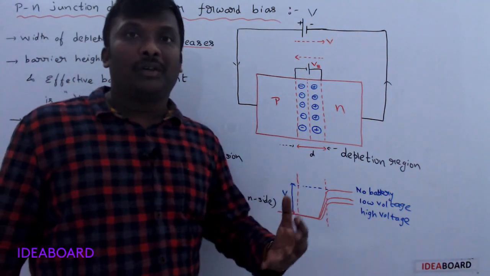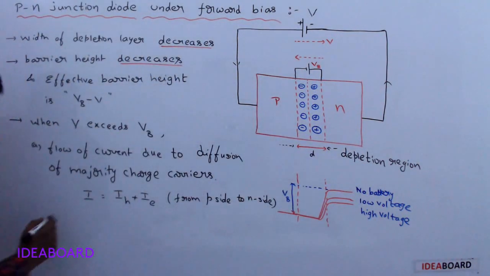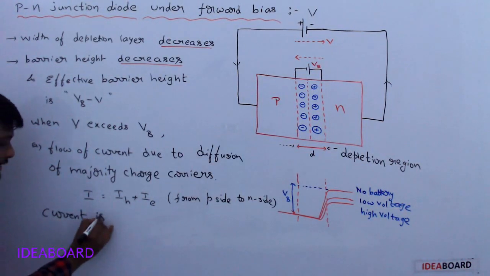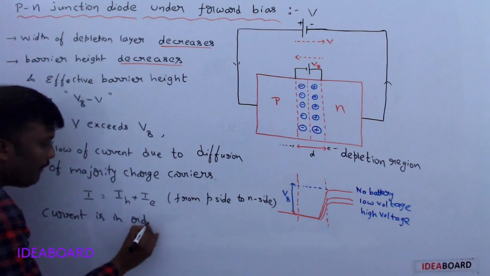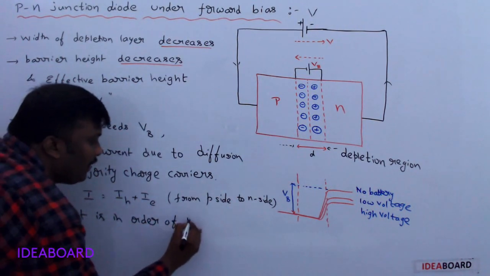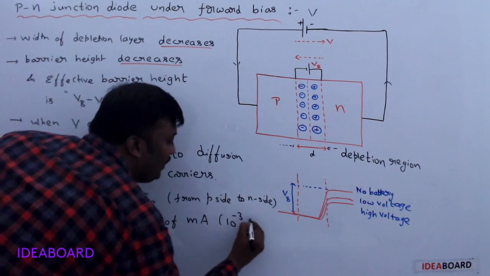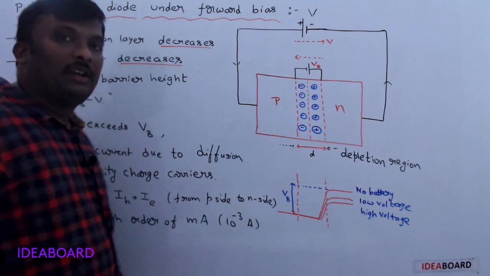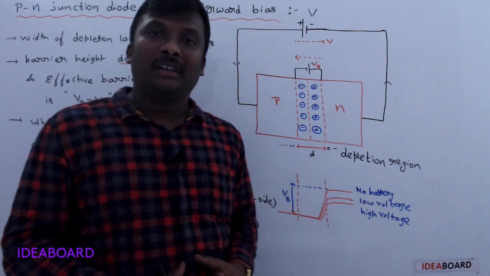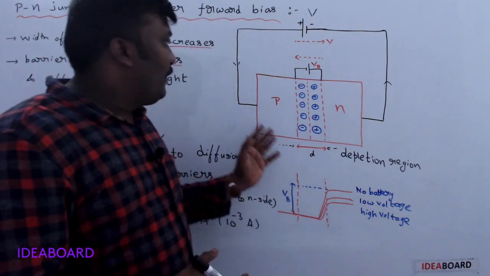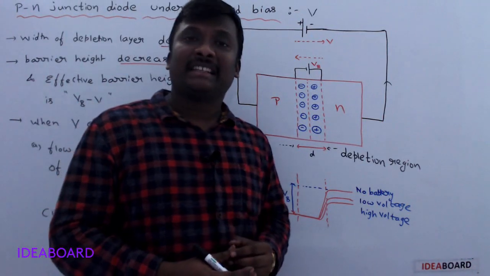Majority carriers are more, that's why this current is in the order of milliamperes. Milliampere means 10 power minus 3 ampere. Understand? Whenever the current is more, the resistance is less.